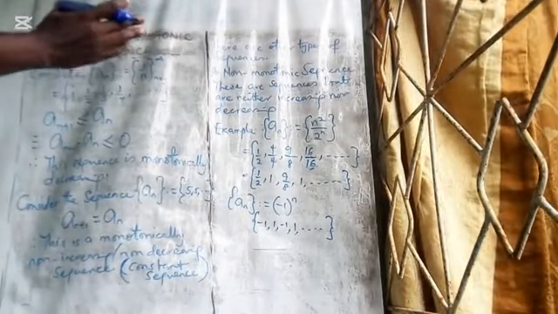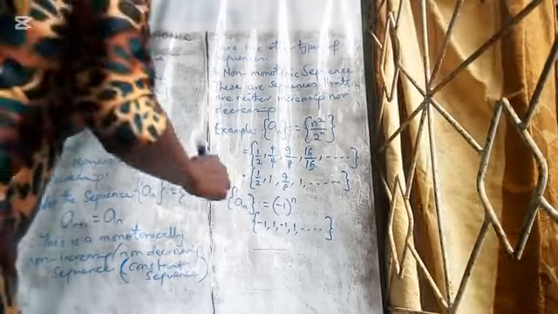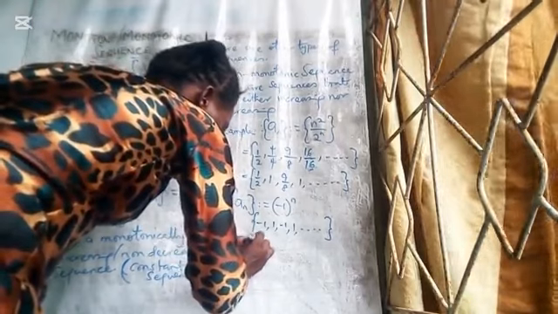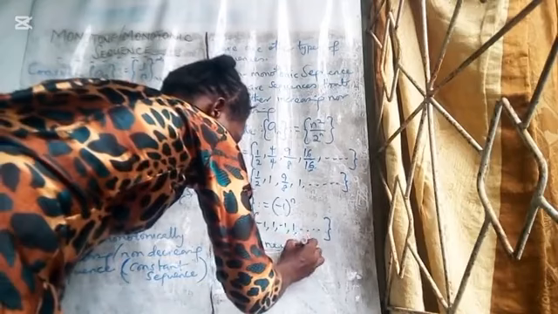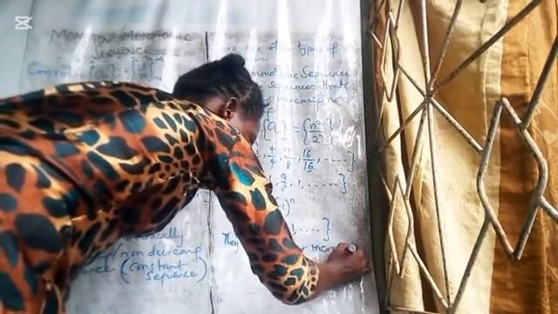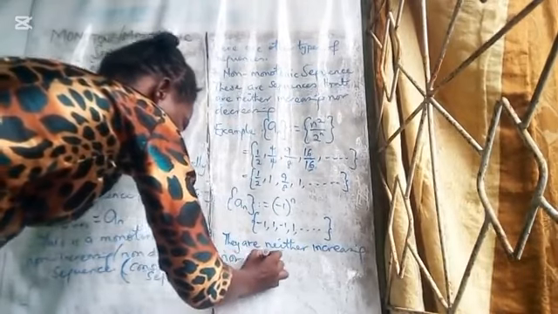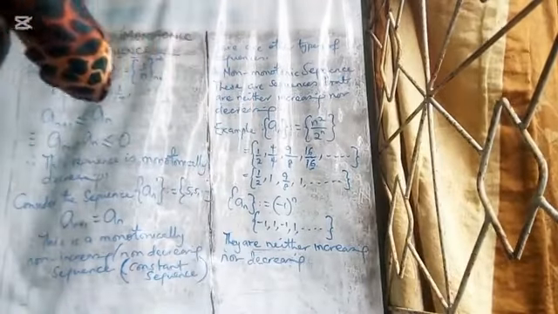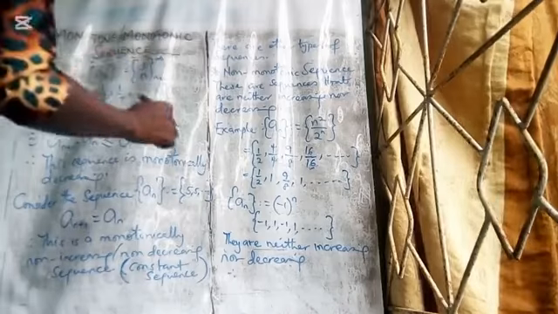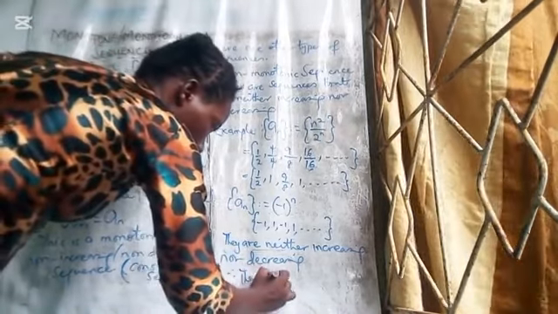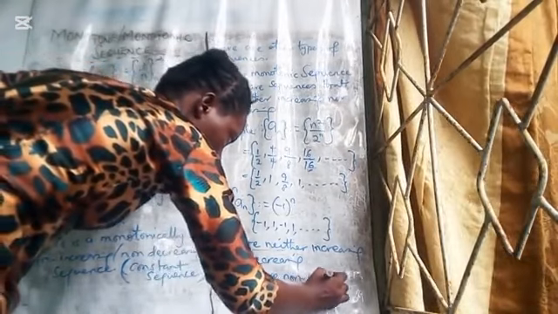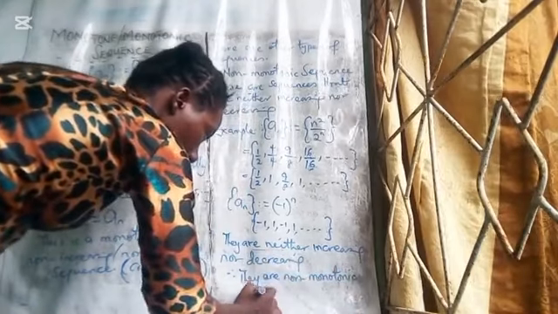You see that these are oscillating, and because they are oscillating, it tells us that they are neither increasing nor decreasing, therefore they are non-monotonic sequences.